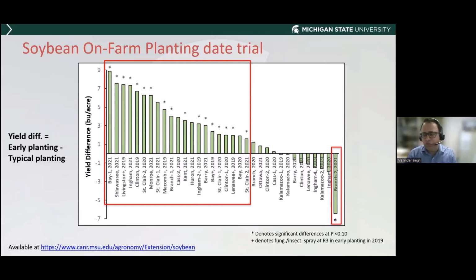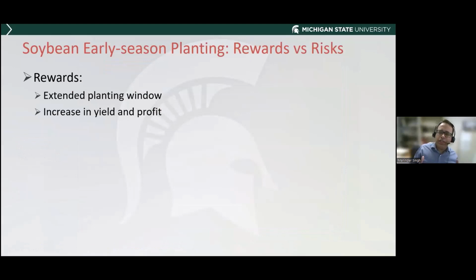But we have seen a yield penalty here as well. When we planted early and the soil conditions were not ideal, we had a stand loss, and that can lead to yield declines. So that's something to be careful about. That's where we have to be thinking about this risk versus reward approach, so to speak.